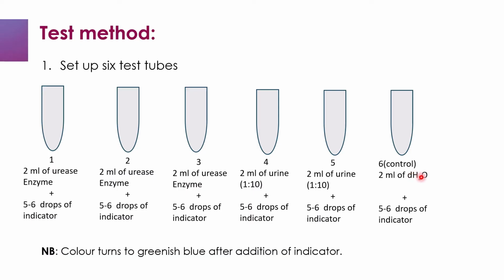It contains 2 ml of distilled water plus 5 to 6 drops of indicator. One thing that we have to note here is that the color tends to greenish blue in each test tube after the addition of the indicator to each of the test tubes.